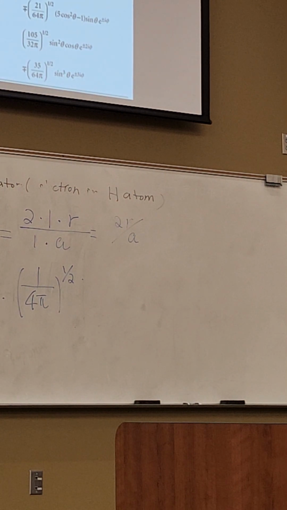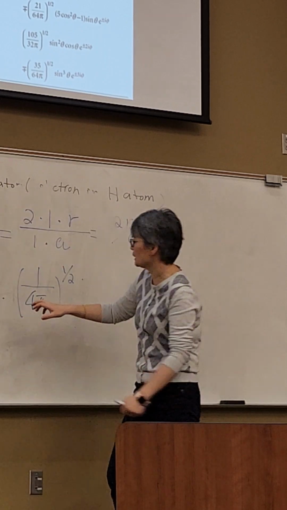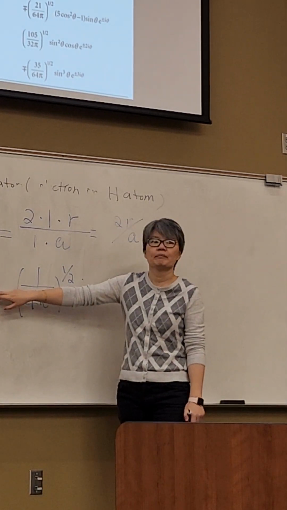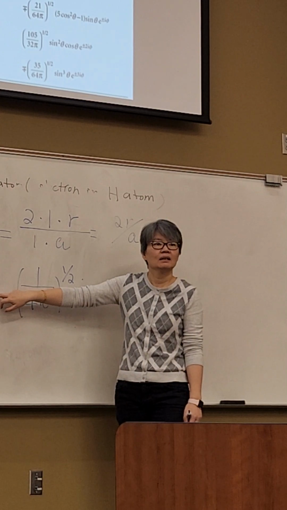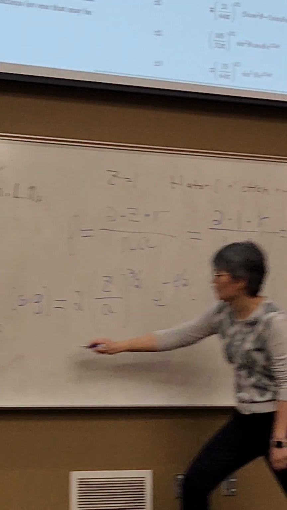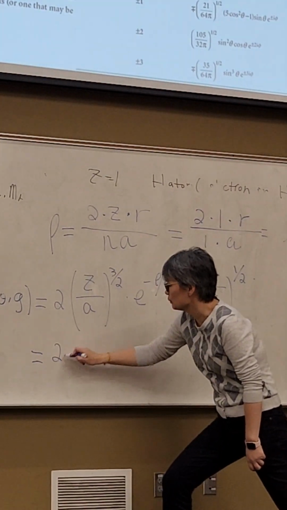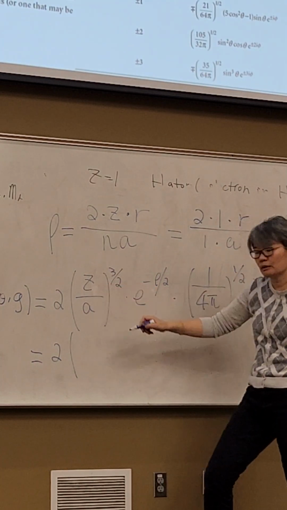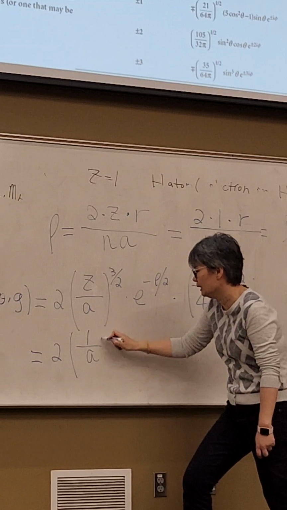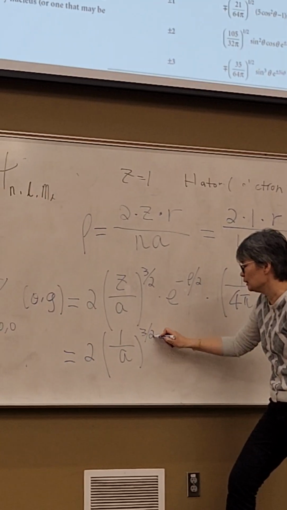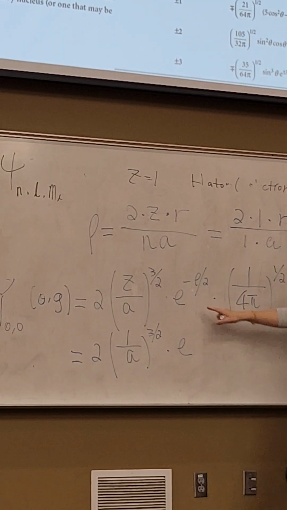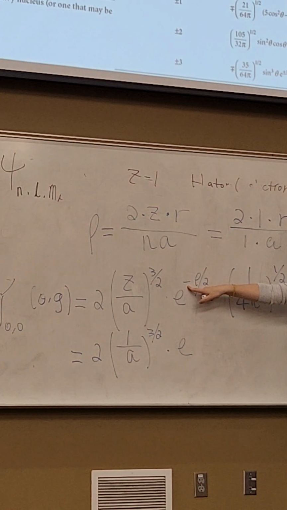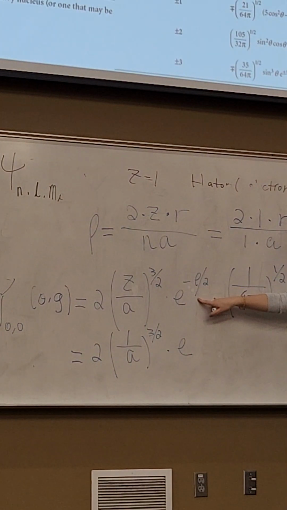Alright. Then what do I need to do? Guys, I need to substitute the rho here. So what I'm having here is 2, nothing. For hydrogen atom, Z equals 1, so 1 over a, to the 3 over 2, times e raised to the power of negative rho divided by 2.